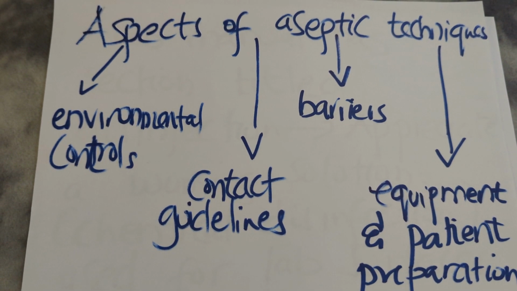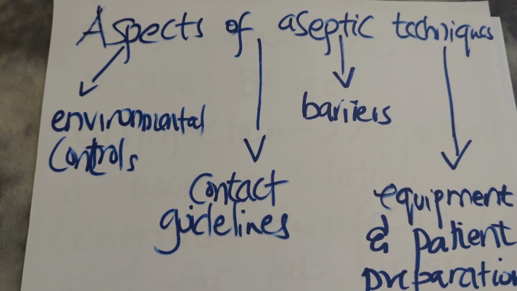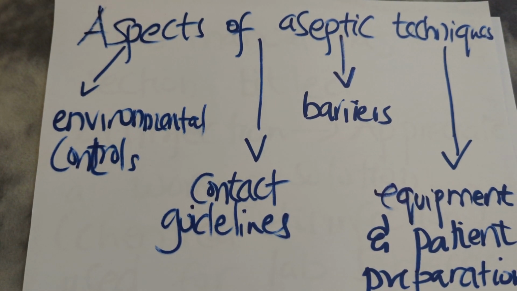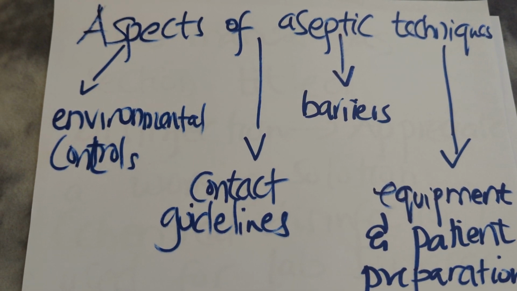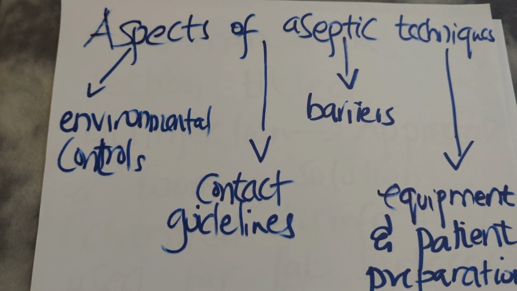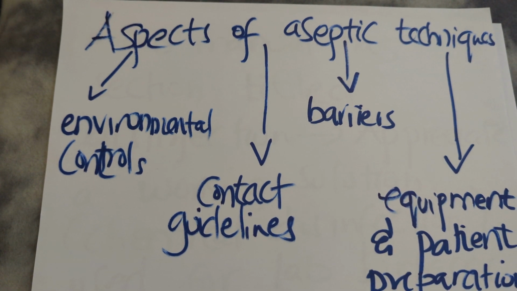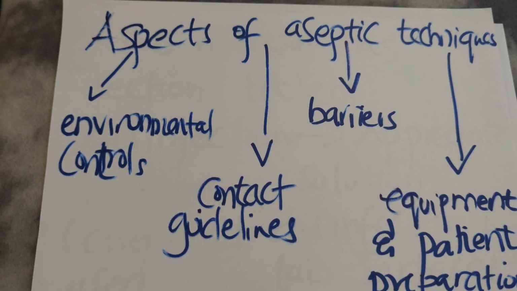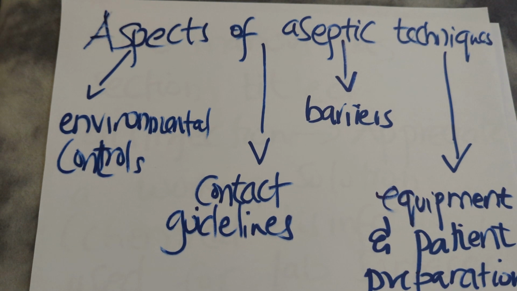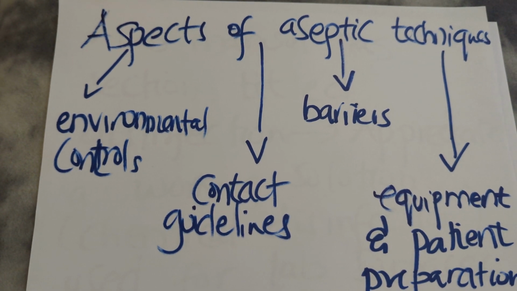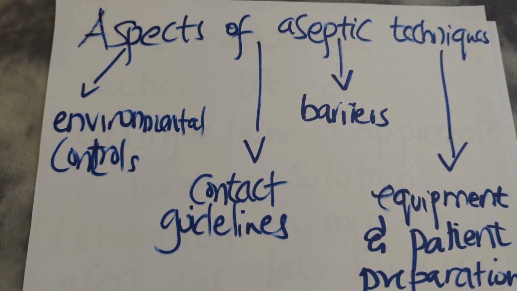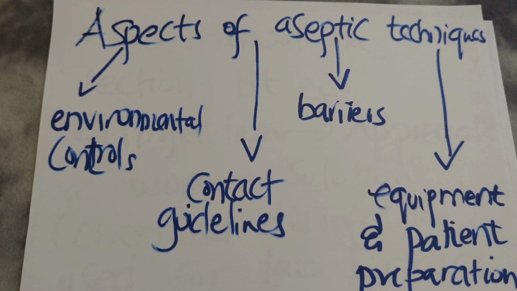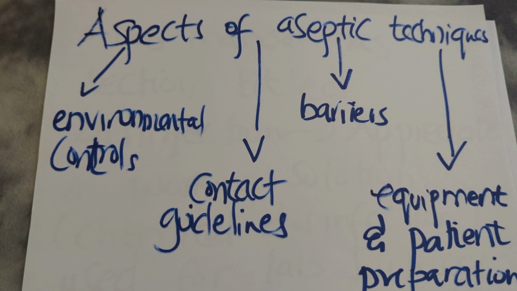And then we have contact guidelines, and this means we are aware that, for example, a sterile surface, to maintain sterility, must only touch another sterile surface. And a non-sterile surface can touch another non-sterile surface. That is what that is all about.